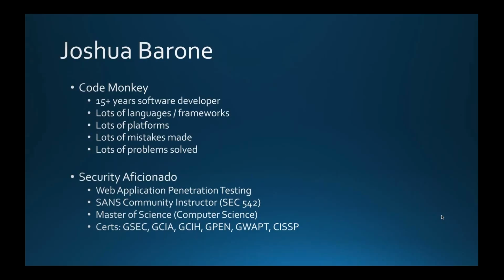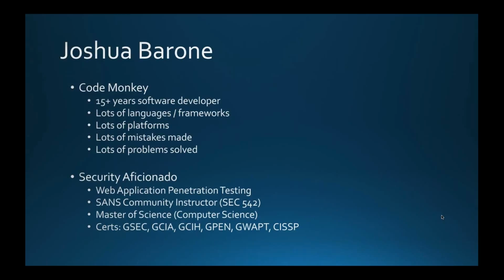So with that, just a little background on myself. I'm a self-professed code monkey and security aficionado. I've been in software development for well over 15 years now, across lots of languages, frameworks, platforms, and operating systems. And with that, lots of mistakes made and problems solved, coming back and fixing a lot of those mistakes, which is pretty awesome.